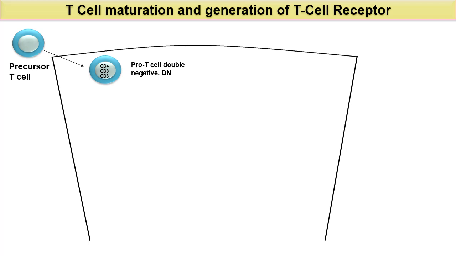And till now, T-cell receptor is also not expressed, because till now these progenitor cells have not arranged their TCR genes and expression of the protein is yet to be done. The proteins are recombination activating genes, that is RAG. Specifically, RAG1 and RAG2 are required for the rearrangement of the T-cell receptor genes through VDJ recombination.